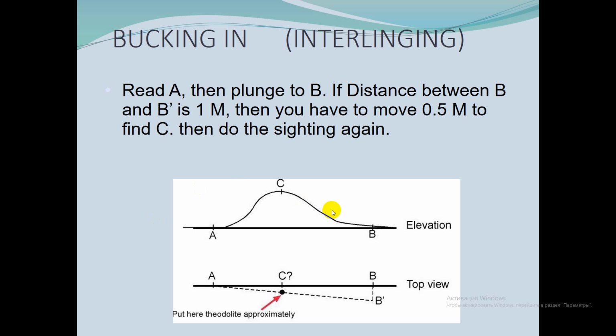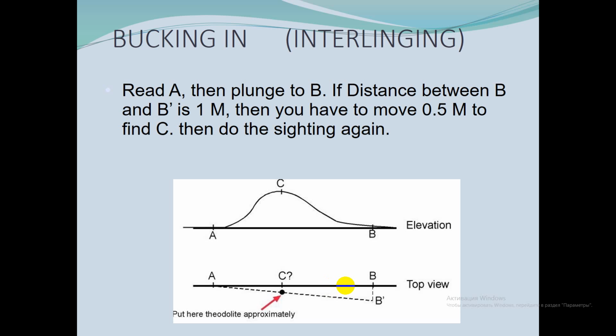The backing in procedure is as follows. The instrument is set up in the area of C and as close to the line AB as it is possible to estimate.